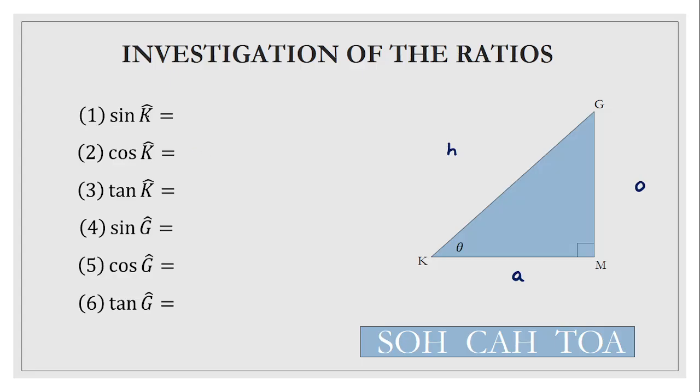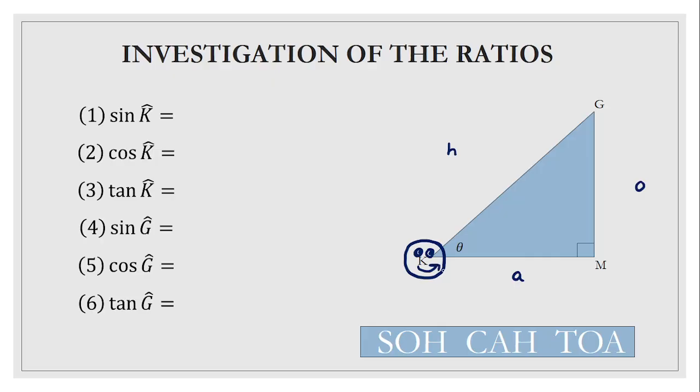So if we look here on the side, this is how they're going to ask you. They're going to ask you, what is sine of K? Angle K. So we are always going to look from the angle that they are asking me to look from. So we are going to look from this angle. That is my, I don't know, very creepy face that I've drawn there.